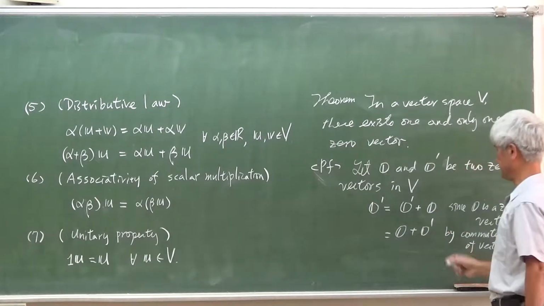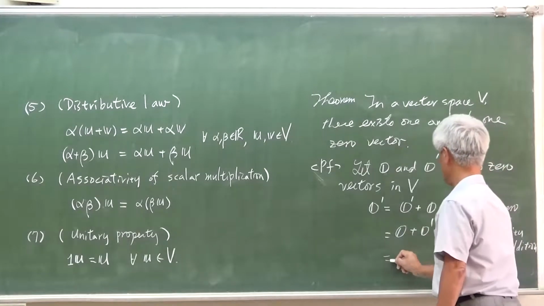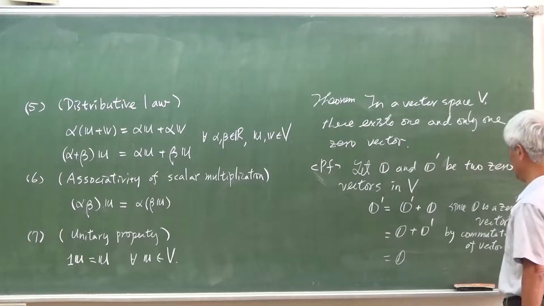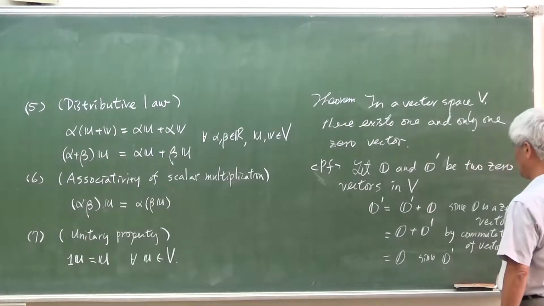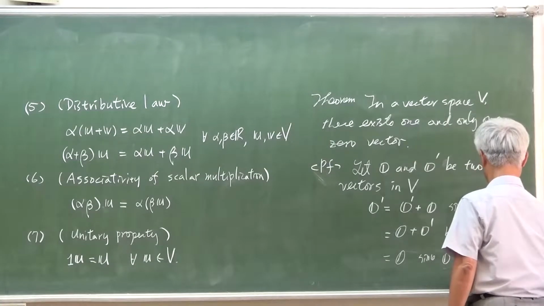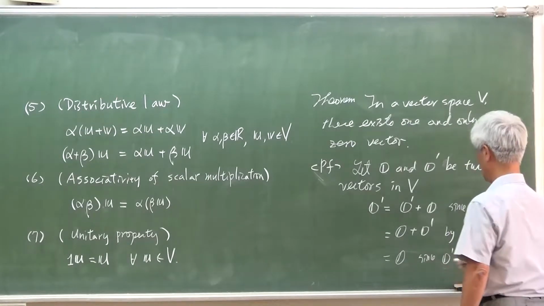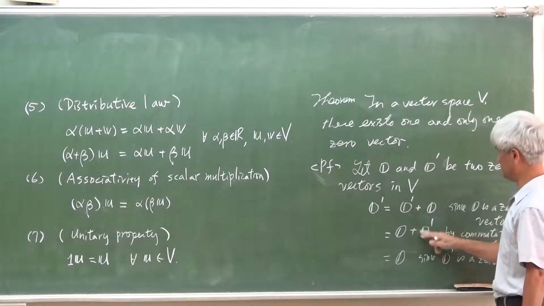But this is equal to 0 since u is a 0 vector. So when this is a 0 vector, then u plus a 0 vector is equal to u.